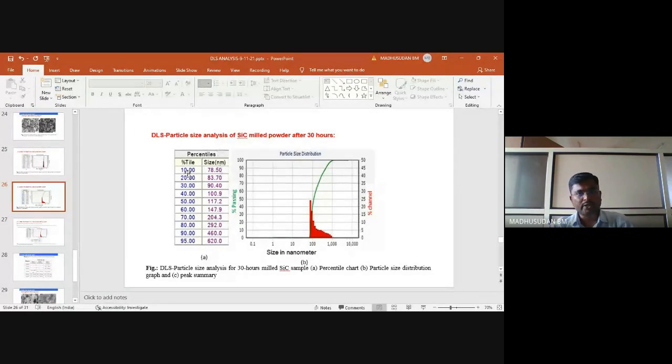In the percentage chart, 10% of the particles are under 78.50 nanometer. That means the smallest size particle we found here is 78.50, and the highest range of particle size we obtained is 620 nanometer. But in comparison with the previous test result, the particle size distribution chart has shifted from higher to lower particle size.